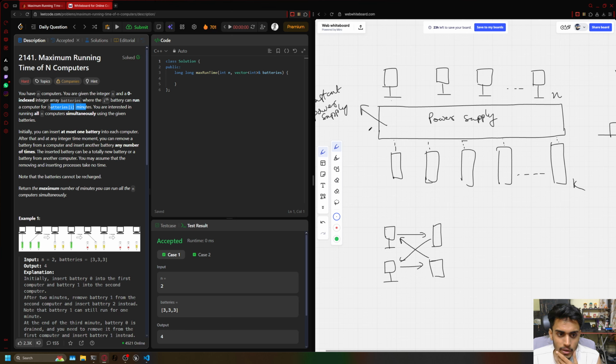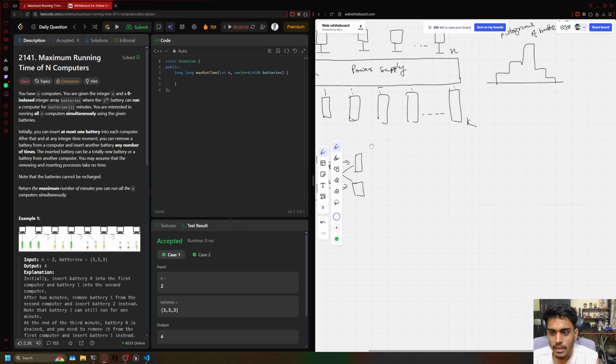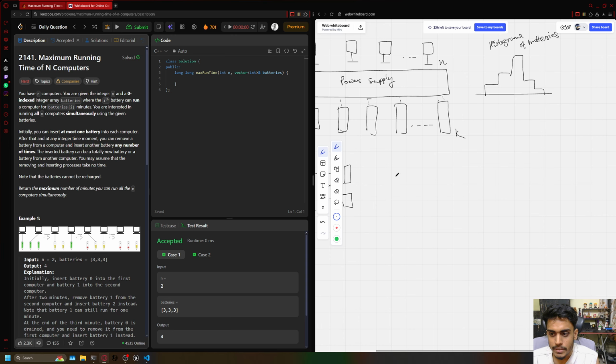Now in this question, nowhere have they written that the computers are heterogeneous, so we can make a claim that all computers are homogeneous.